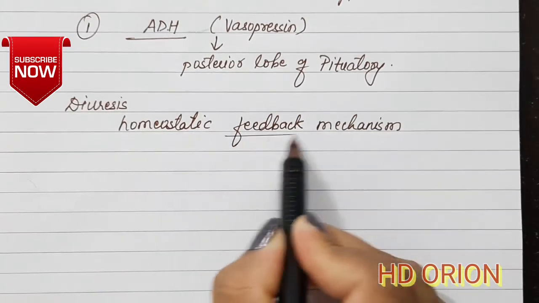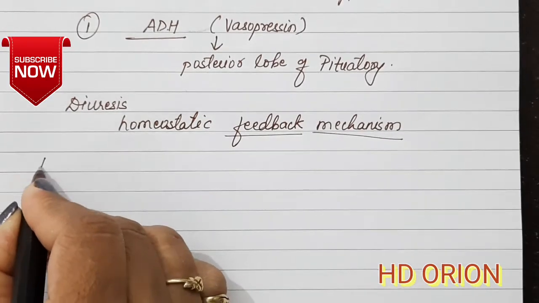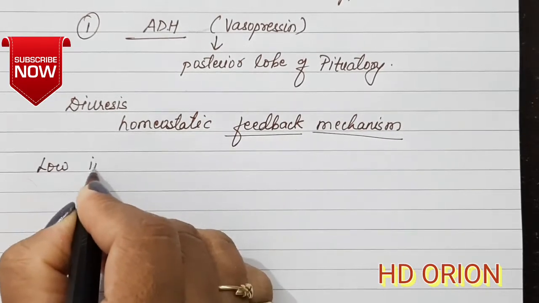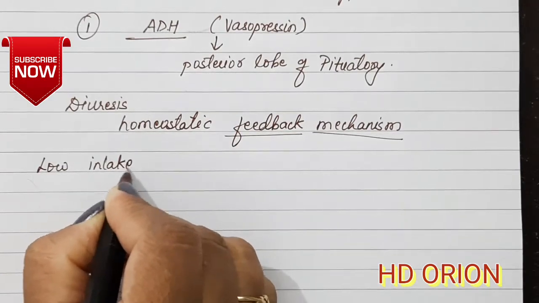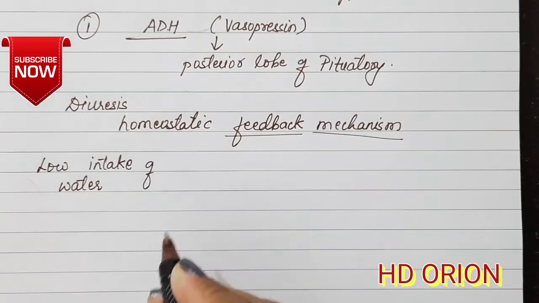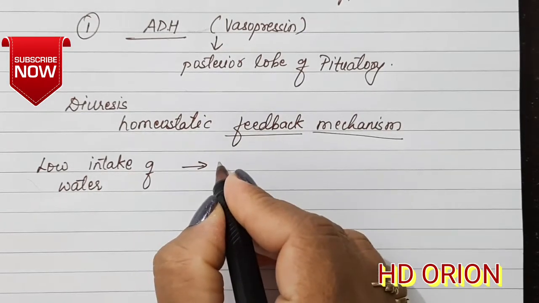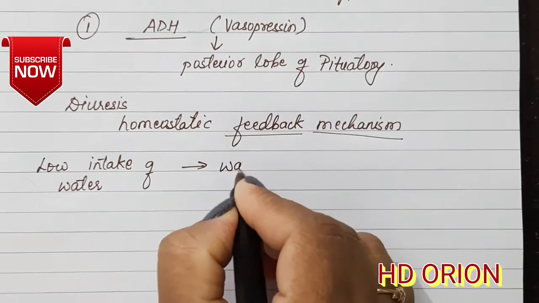Let us see how the feedback mechanism operates. If there is low intake of water, if the person has drunk very little amount of water, the water content in the blood is also low.